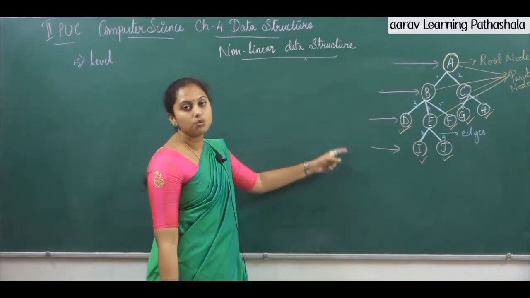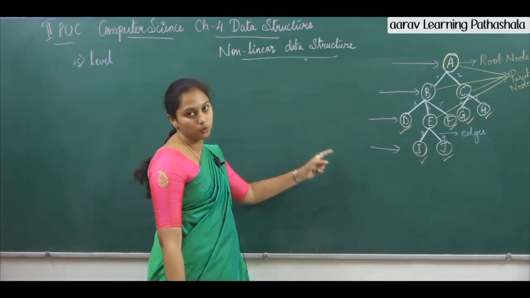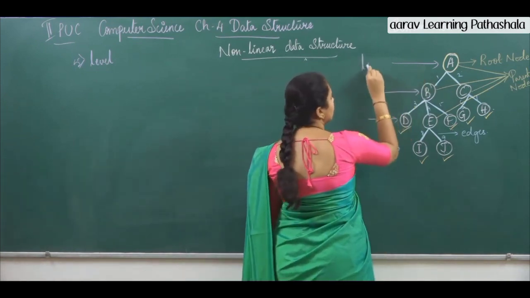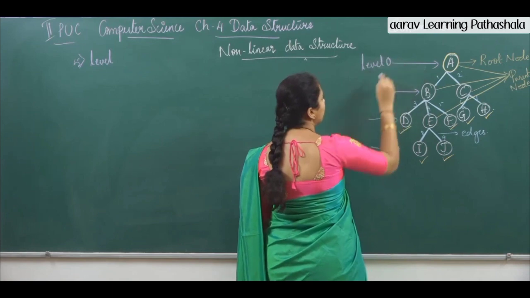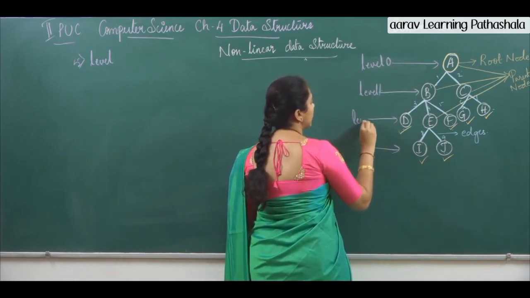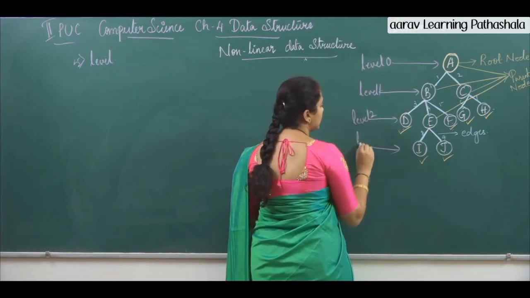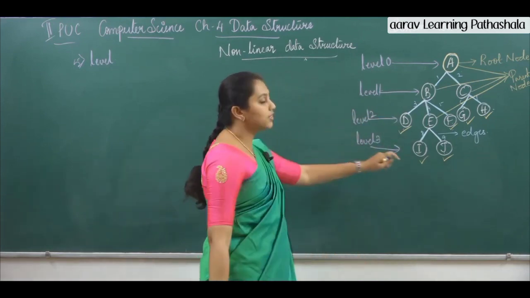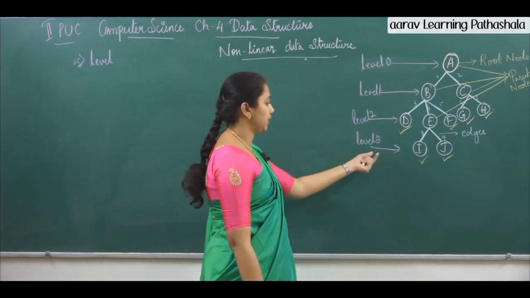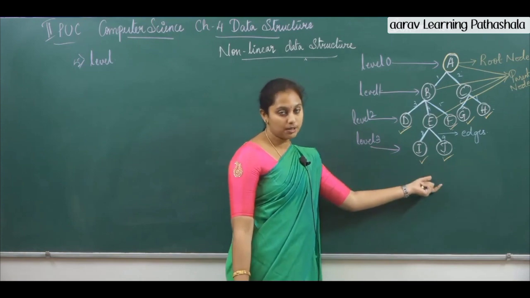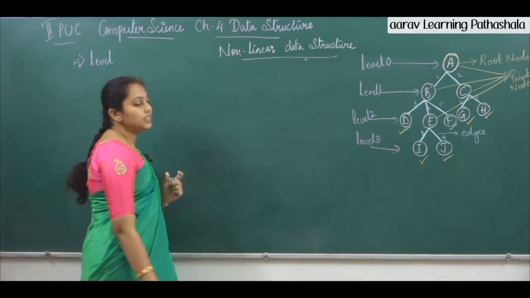The level count starts from 0. So this is at level 0, this is level 1, this is level 2, and this is level 3. So the level of this tree is 3. If they ask you to write the level of the given tree, you have to write it as 3.